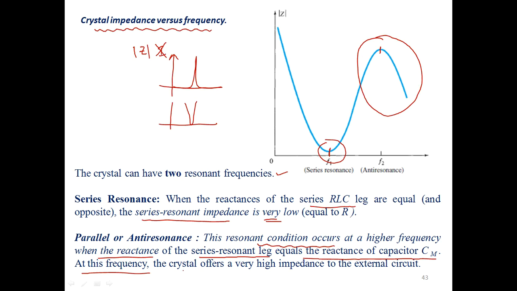At this frequency, the crystal offers a very high impedance because both of them are in parallel. With respect to application, we can use either the series resonant or the anti-resonant feature. In most cases, we prefer series resonance.